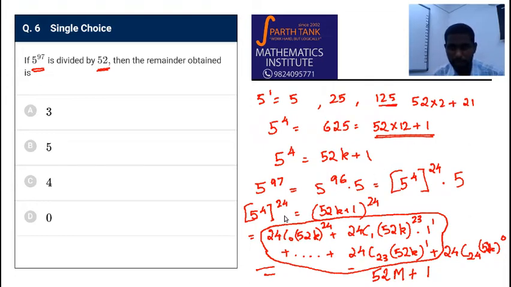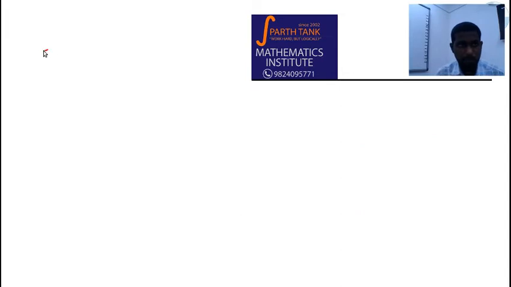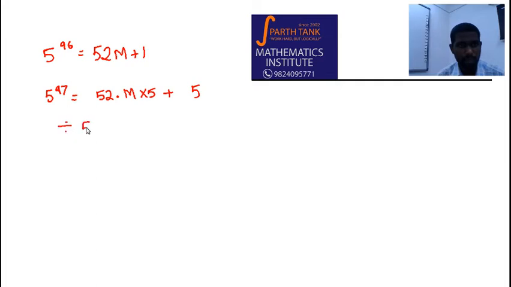We've got 5 to the power 96 is also 52m plus 1. Okay? Alright. So let us go from here. We have 5 to the power 96 is a multiple of 52 plus 1. Therefore 5 to the power 97 would be 52m into 5 plus 5. Therefore, when you divide this by 52, the first term is divisible by 52, but 5 is not, and therefore 5 is the remainder.